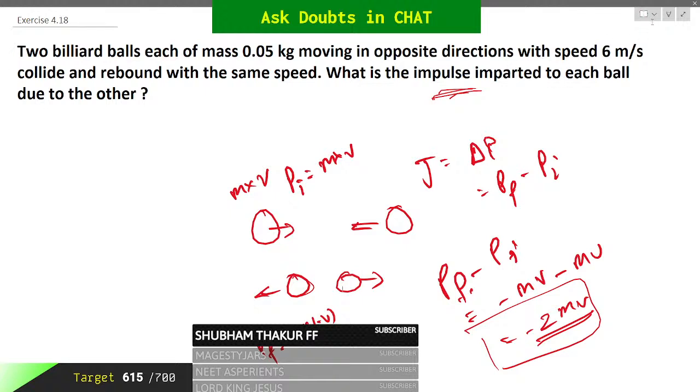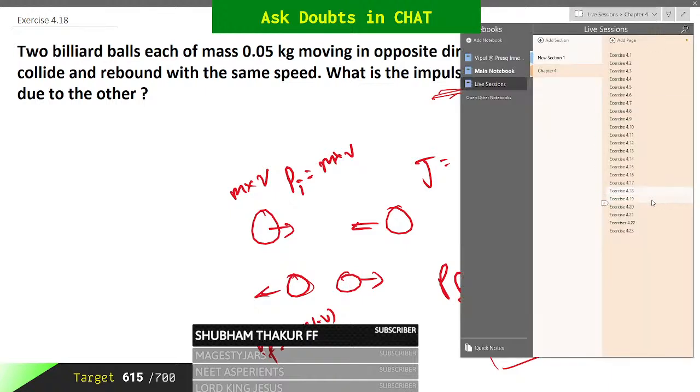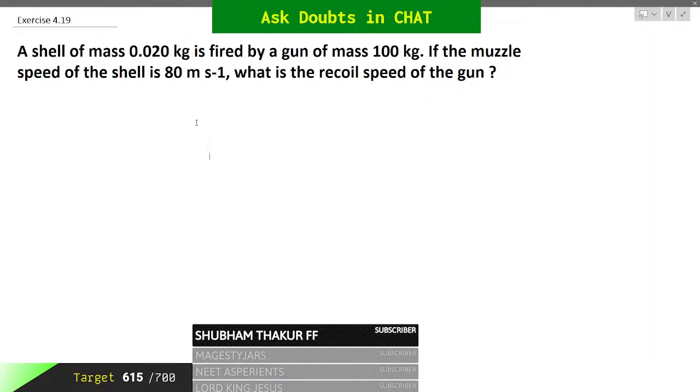Let's move to the next question. A shell of mass 0.02 kg is fired by a gun of mass 100 kg. If the muzzle speed of the shell is 80 meters per second, what is the recoil speed of the gun? Again here we have to apply the conservation of momentum.